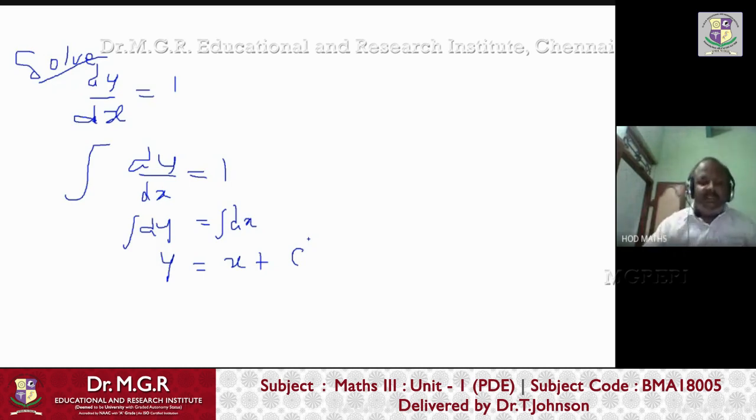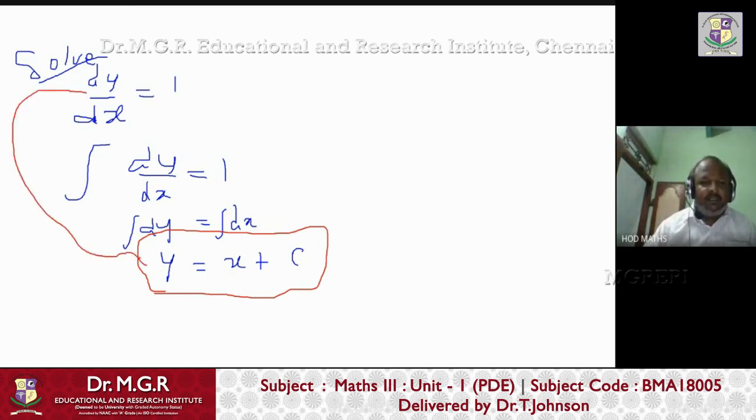So what is this? This is an ordinary equation, y equals x plus c. Here there is no differential form. But how did you get it? By integrating this differential equation, we get an ordinary equation. So integrating a differential equation is solving it and finding the original equation.